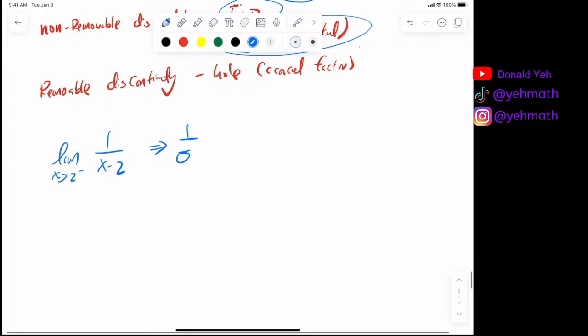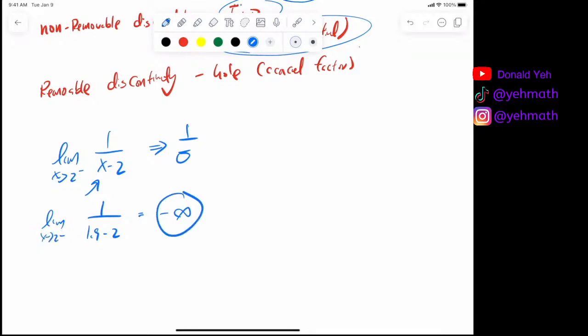But how do we decide that? Usually I'll plug in 0.1 away instead of 2, because at 0.1 away from the asymptote, it will tell you if the function is gonna go to negative infinity or positive infinity. So I'm gonna plug in 1.9 minus 2, and that's gonna give you a negative value. A negative value means negative infinity. So the answer is negative infinity.